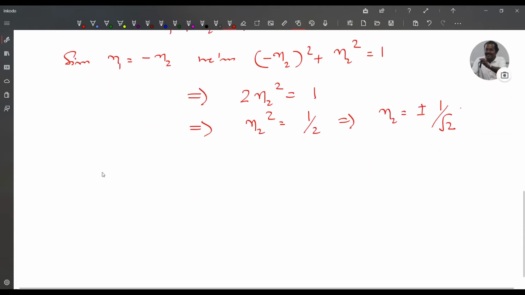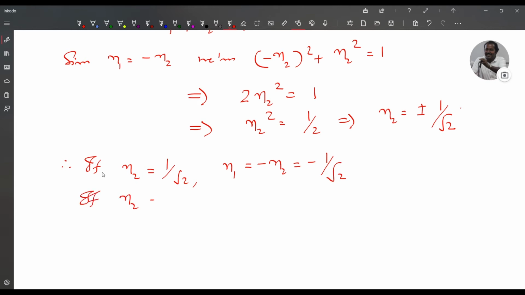Therefore, if n2 is equal to 1 by square root of 2, n1 is minus n2, that is equal to minus 1 by square root of 2. And if n2 is minus 1 by square root of 2, n1 equal to minus n2, so that is 1 by square root of 2.